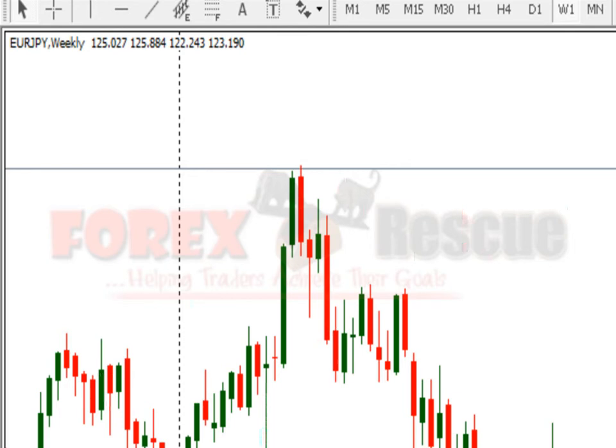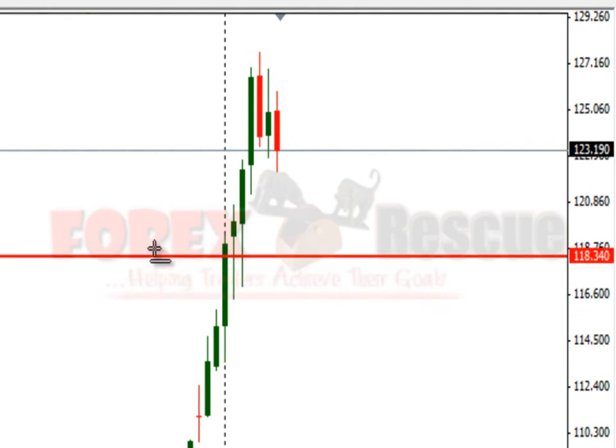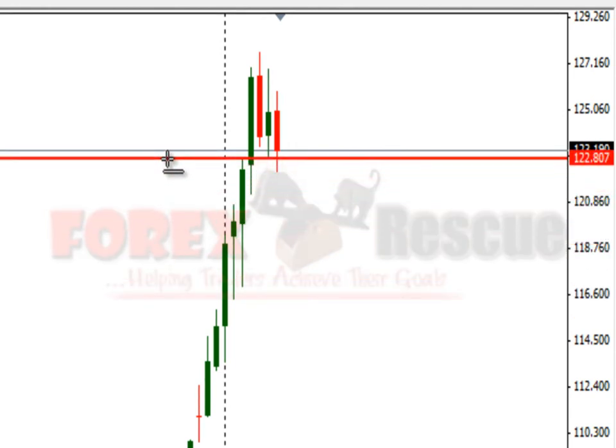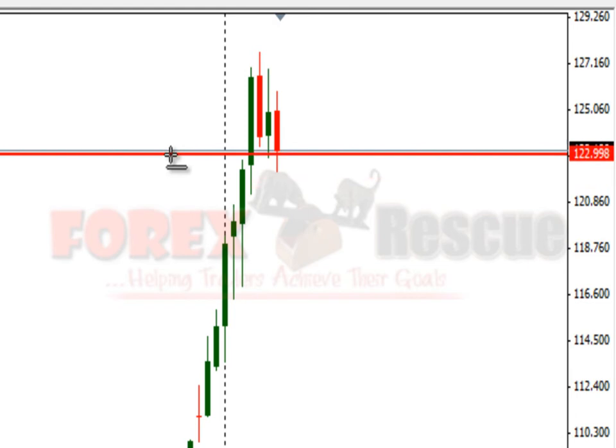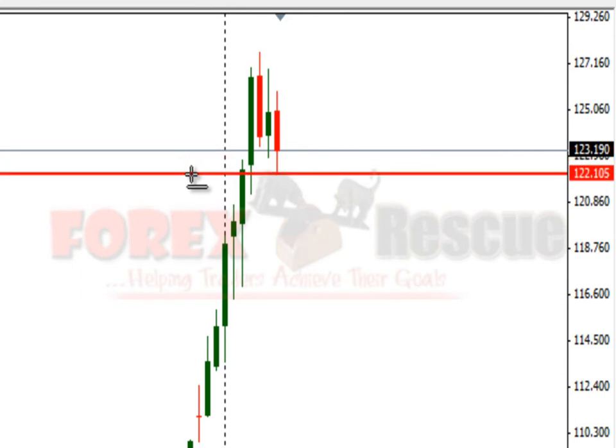Looking at the Euro JPY pair on the weekly time frame, it is clear that the trend is up and the market has just reversed temporarily down. Last week, price reversed to about 122.13. That is this area here. 122.13 is just around here.